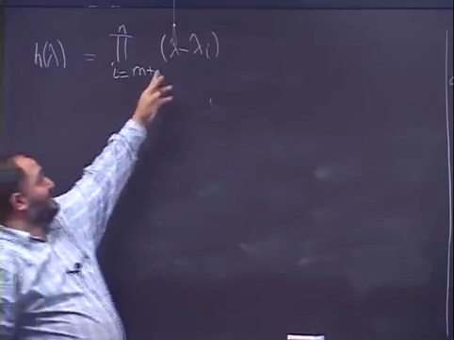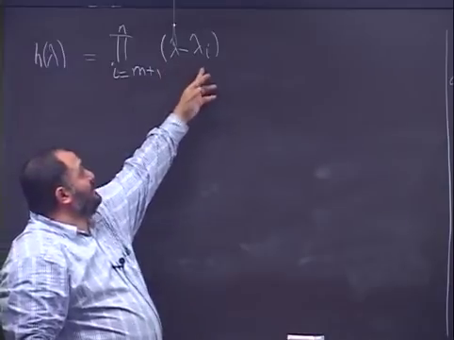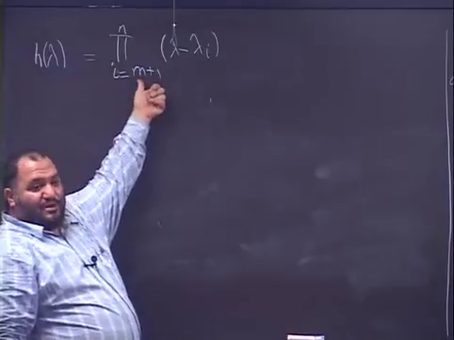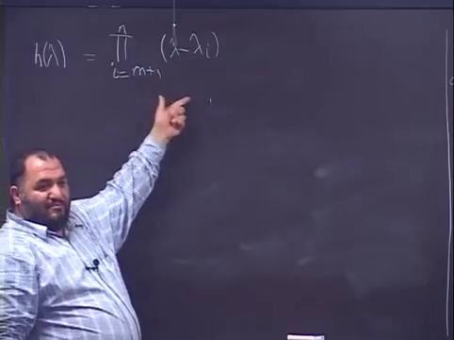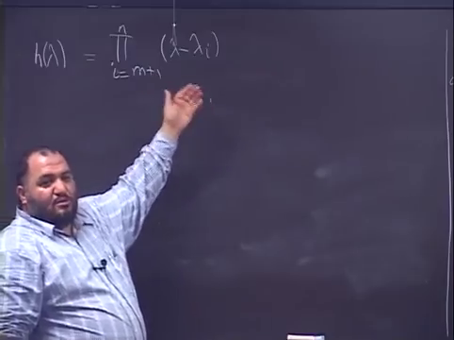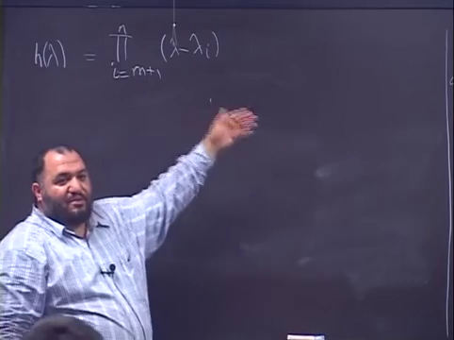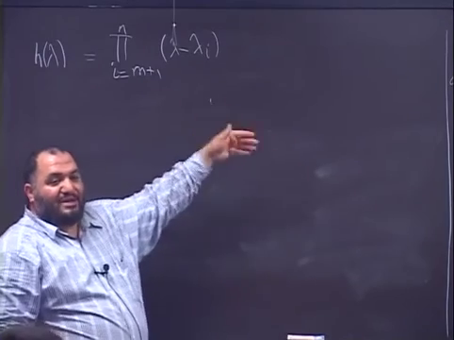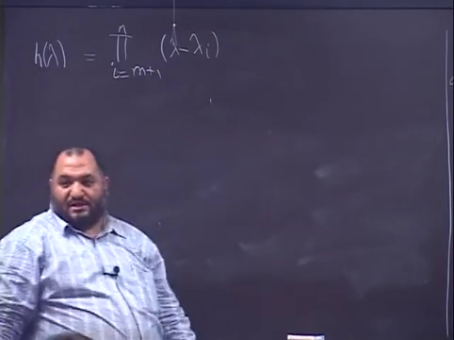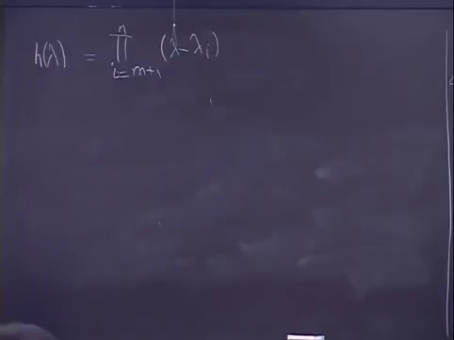So this would be lambda minus lambda m plus 1 multiplied by lambda minus lambda m plus 2 multiplied by lambda minus lambda m plus 3 until lambda minus lambda n. Okay, guys? And those are the distinct roots.